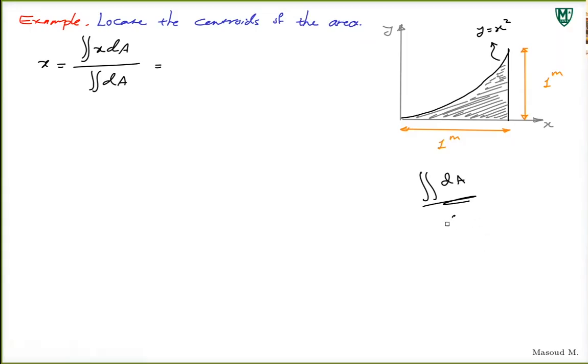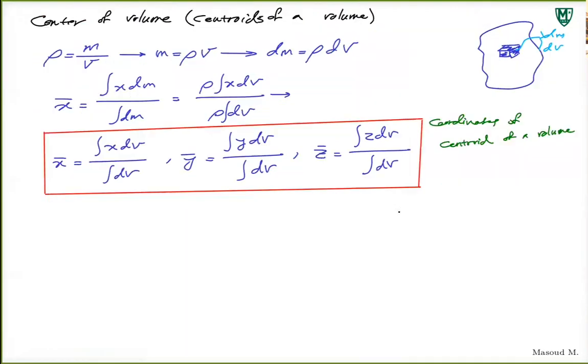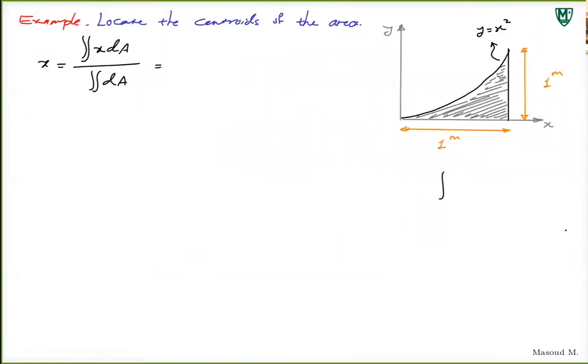So how do we do that? For area, this is a double integral. If it was a volume, it would be a triple integral, an integral over a volume. Now this is an integral over an area.